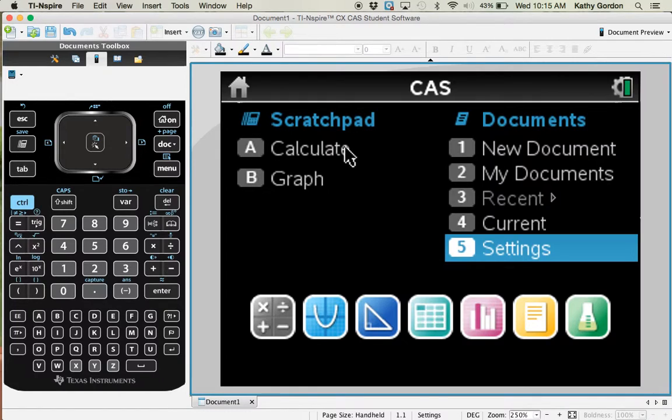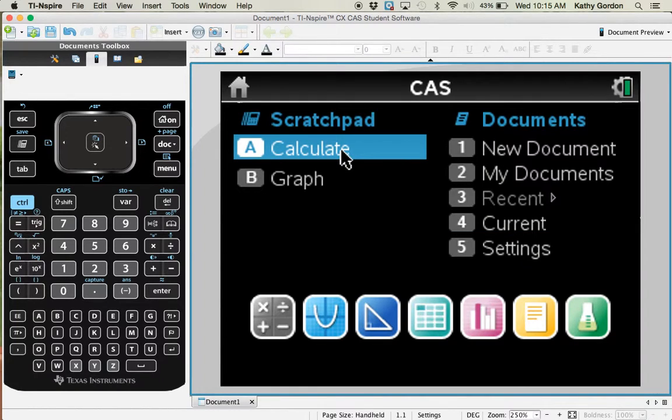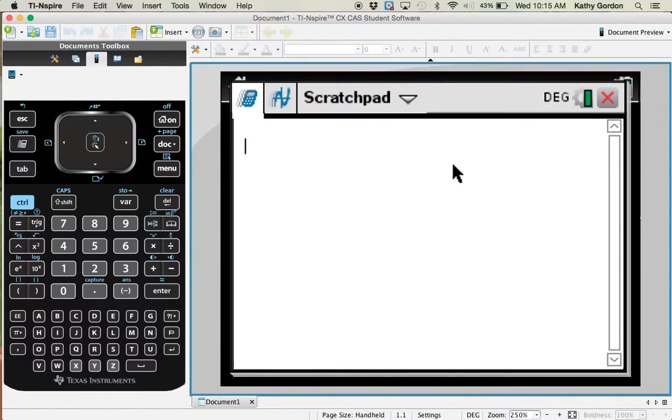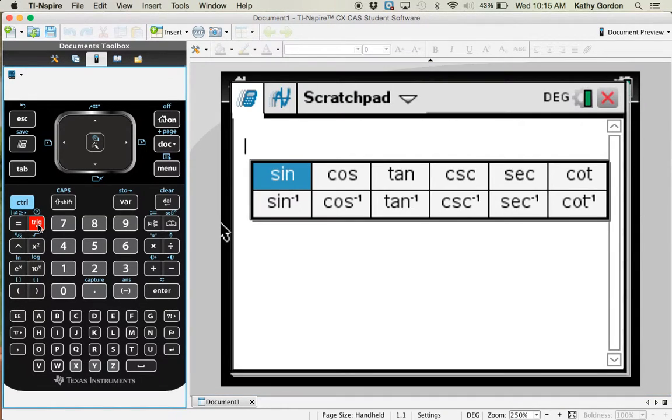And so then when I come back up here to the calculate scratch pad or to a new document, I hope you all found the Trig button is over here underneath the blue control button. And the nice thing is when you click on that Trig, you get all 6 of them.